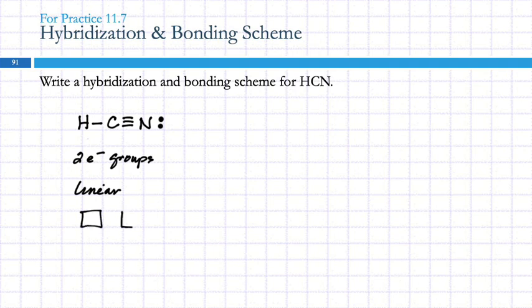So if we think about the valence shell for carbon, the valence shell for carbon is on the 2nd floor, right? And so we have 2s and we have 2p. And what we want to do is start with the s orbital, and we're going to take one of these.